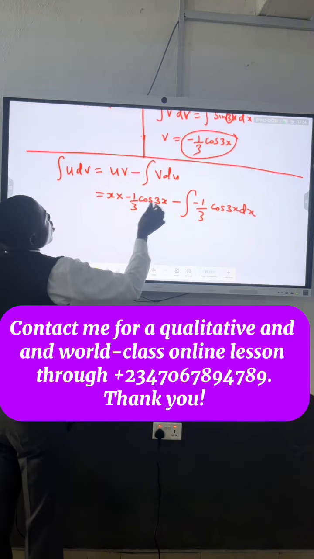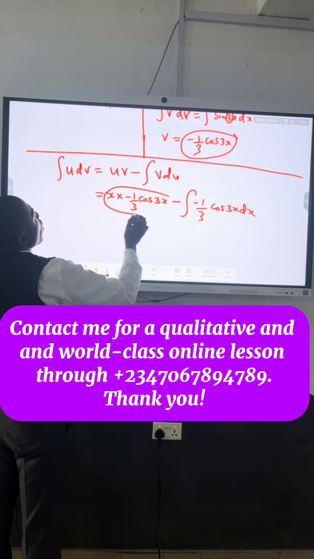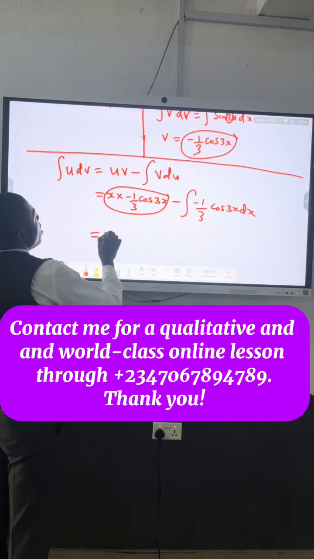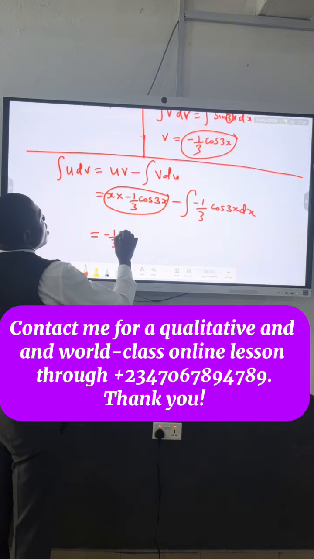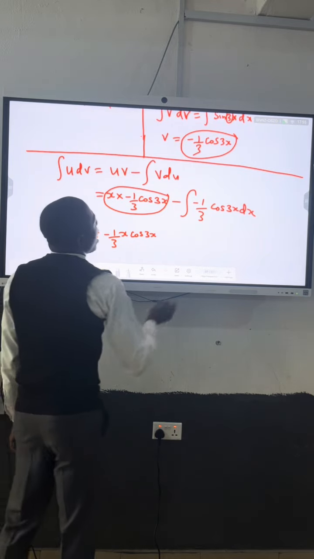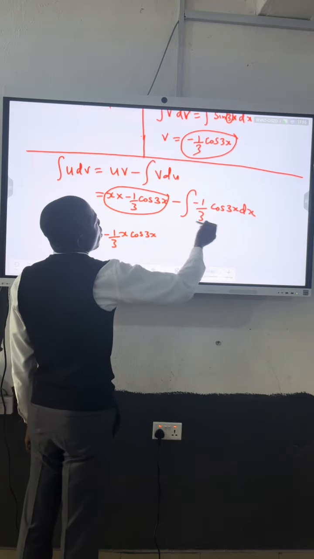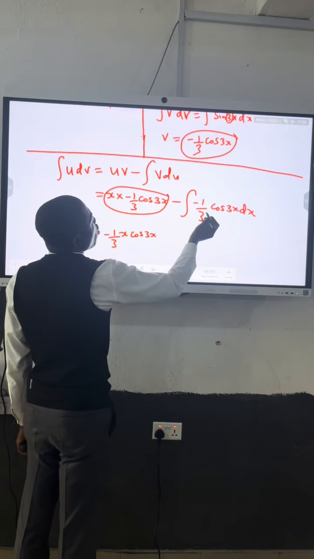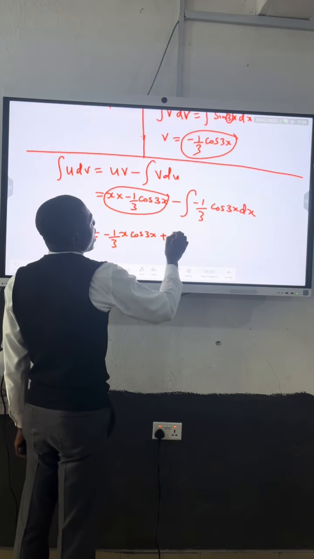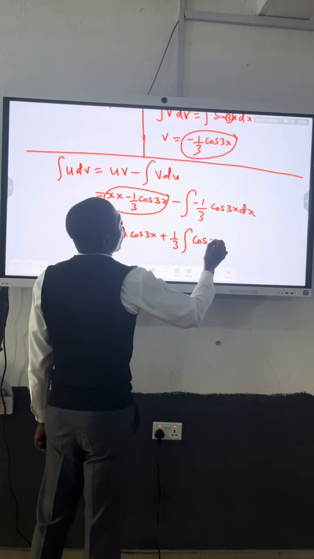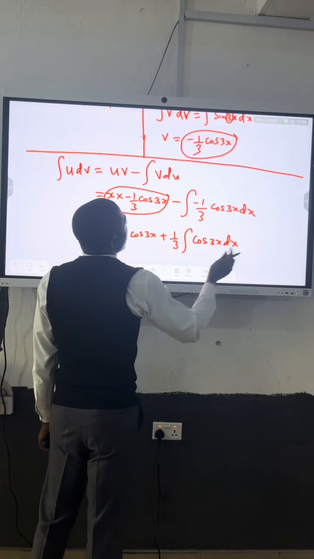If you multiply these together and arrange it properly, you're going to get negative 1 over 3 x cos 3x. Now, this one is a constant. It's an ordinary number. You can bring it out. So the minus 1 over 3 will multiply by the minus that is already outside. You have 1 over 3 integral of cos 3x dx.